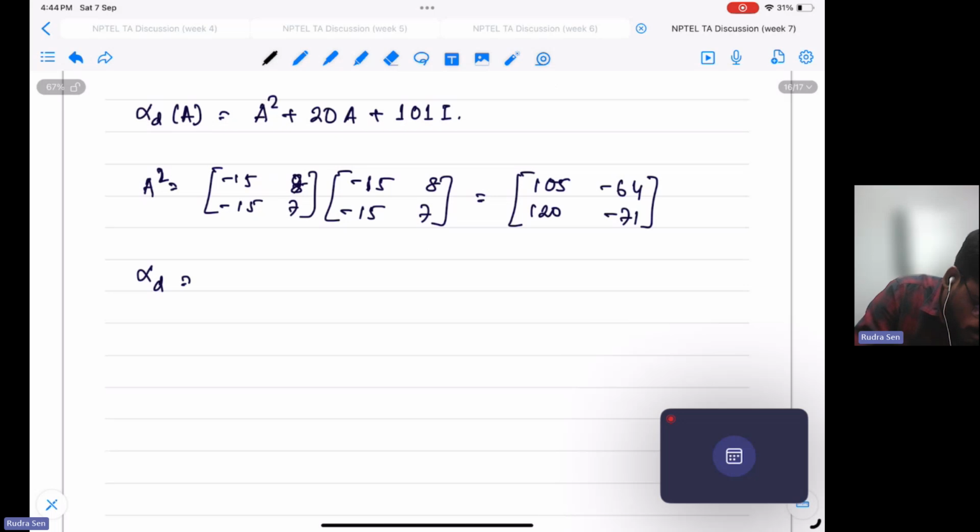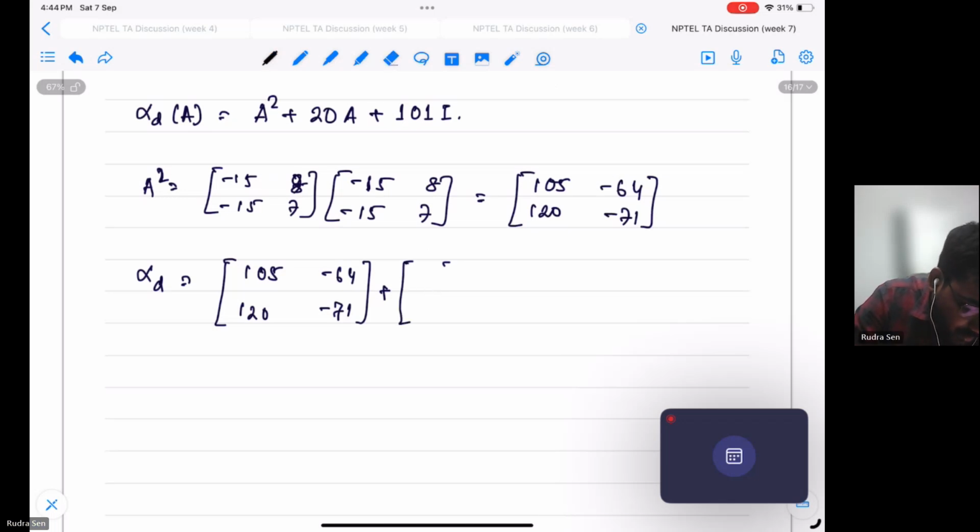So alpha d is basically A square plus 20 into A. So 20 into A, what is 20?